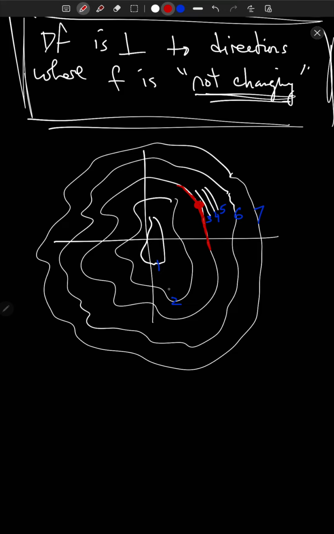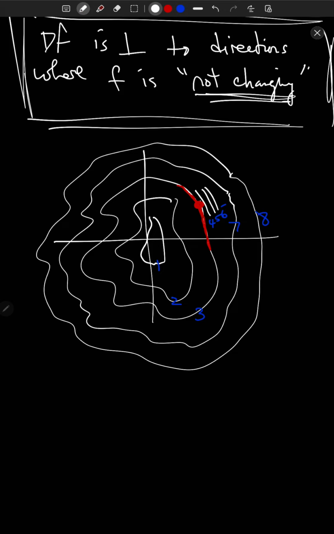Oh no, 1, 2, I forgot to label this one as 3. So this one probably should be labeled 3, right? And then the rest of this is 4, 5, 6, 7. Perhaps like this. 4, 5, 6, 7, 8.